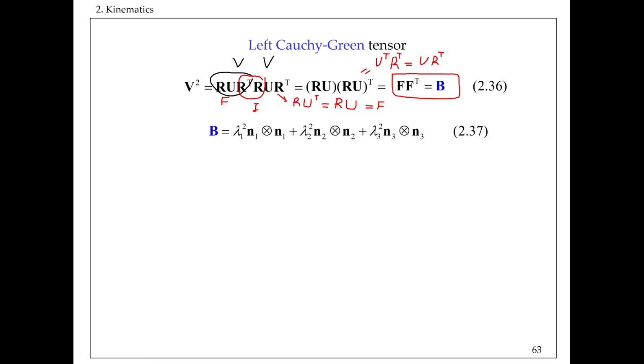The difference with the right Cauchy-Green tensor will lie in the principal directions. And again, here B will be written in terms of these vectors that are already after the rotation. So they're deformed in the principal direction in the deformed state.